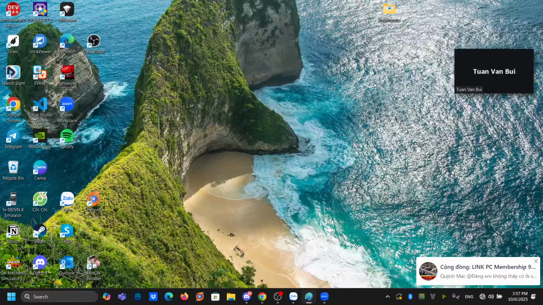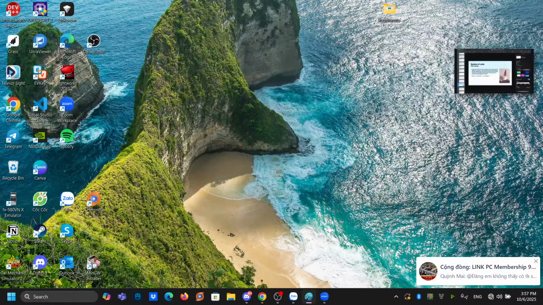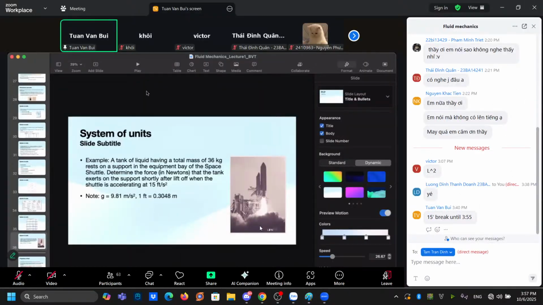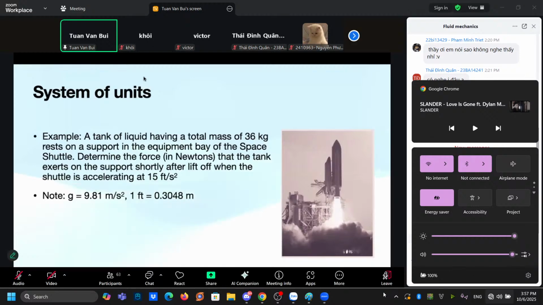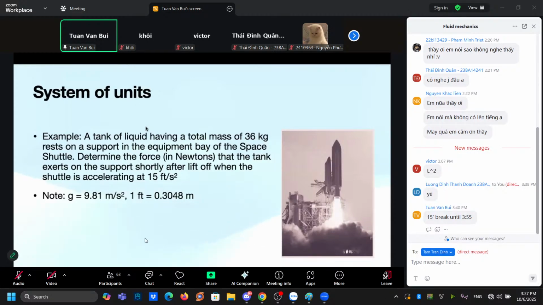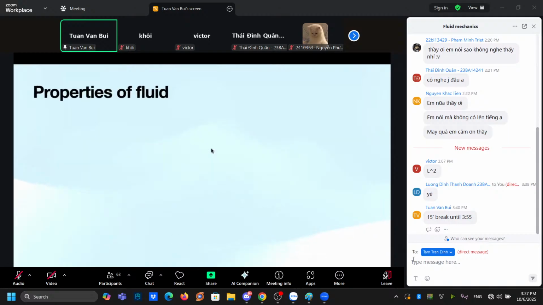Go back to the lecture. From the beginning, we have learned about dimension and system of units. Now we move to properties of fluids.